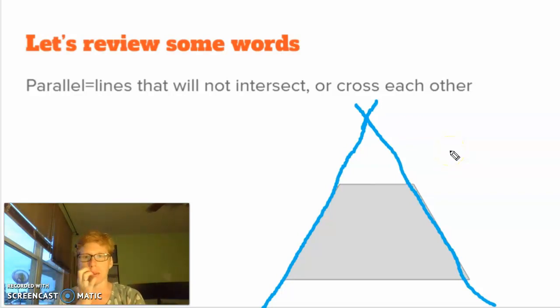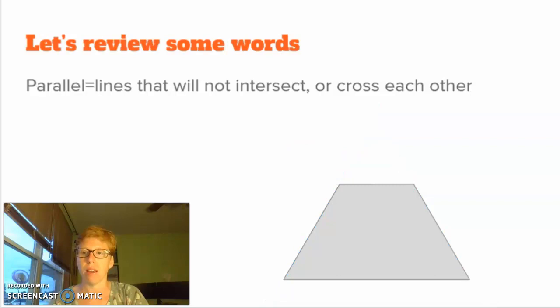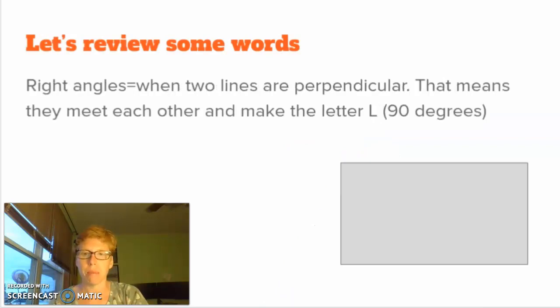So this trapezoid has one pair of parallel lines. Remember, two of the same thing makes a pair. So this trapezoid, one pair of parallel lines.